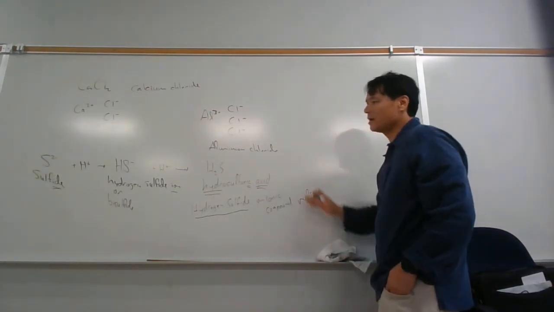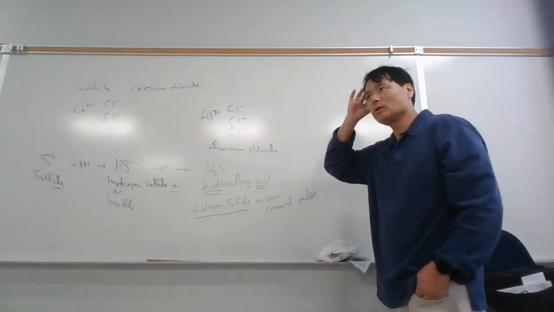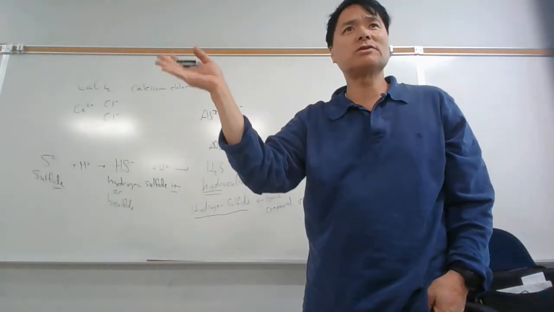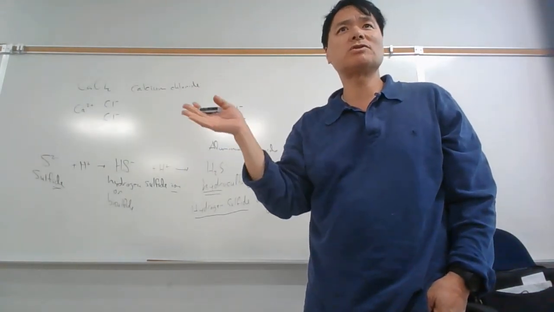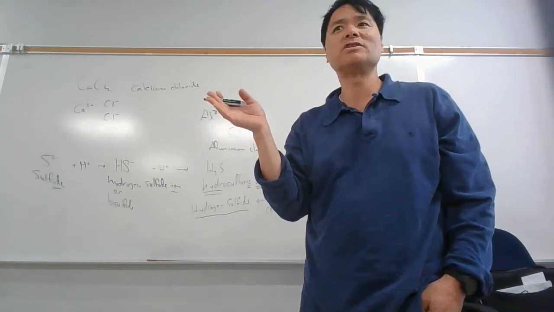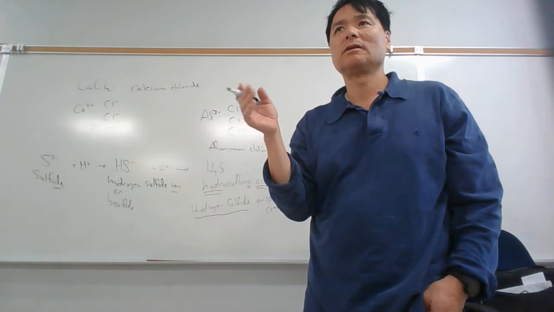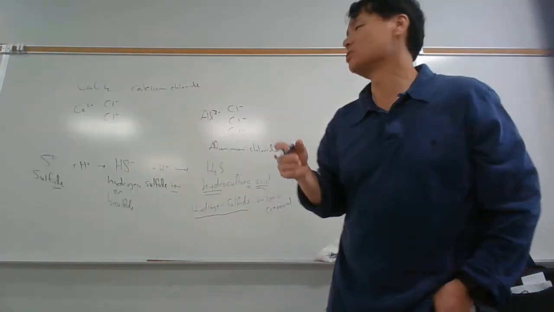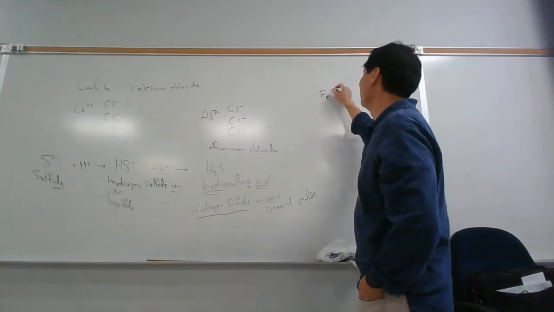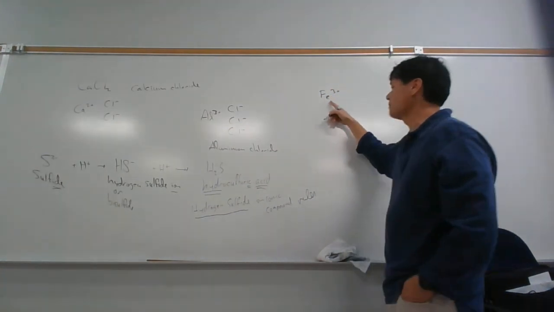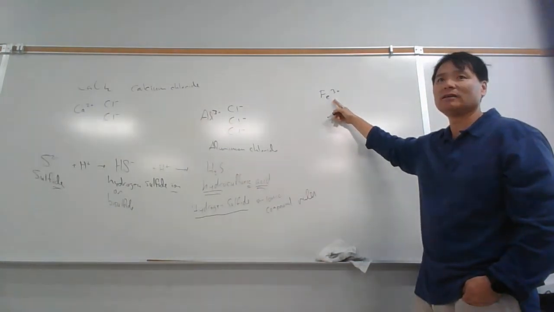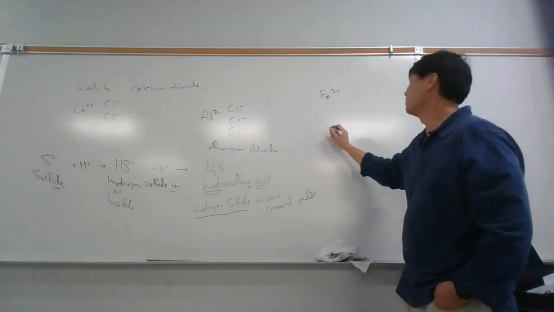So, for example, if we say iron, then I don't know. Iron, what are the most common charges on iron? Is it in the +2 +3, the +1 +2, the +2 +4, or the +3 +5 region of the periodic table? +2 +3. So we know iron likes +2 or +3, so we need to know which one it is. So for example, if it's iron 3, then we know it's going to have what? 3 chlorides.